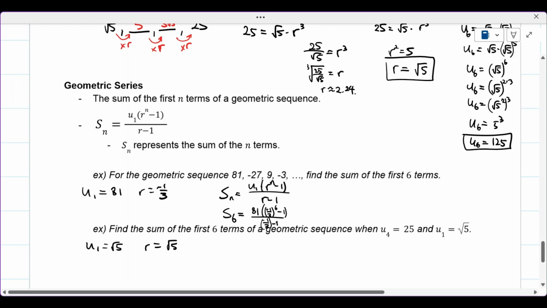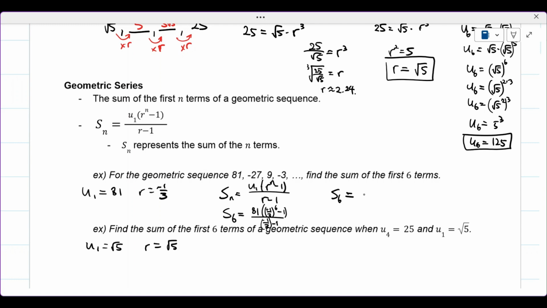So I have a strong feeling that I need to use a calculator for this problem. So I'm just going to put this entire thing into the calculator as it is. 81 times bracket negative 1 divided by 3 close bracket to the power of 6 minus 1 close bracket divided by bracket negative 1 divided by 3 minus 1.